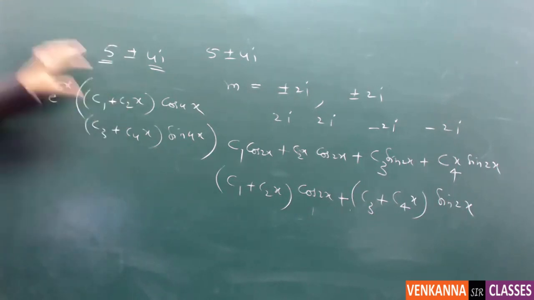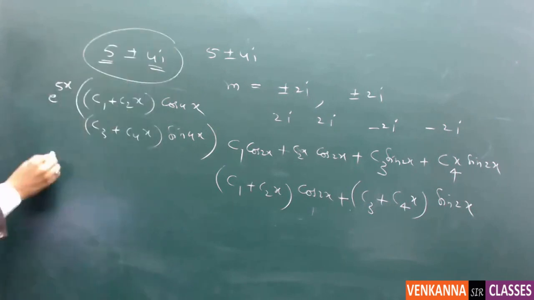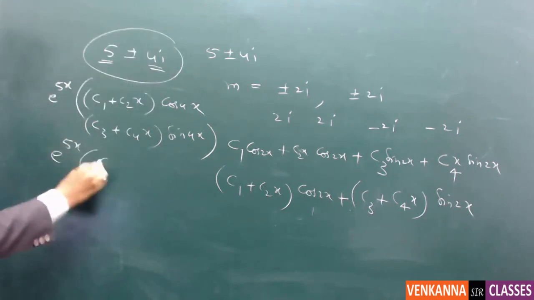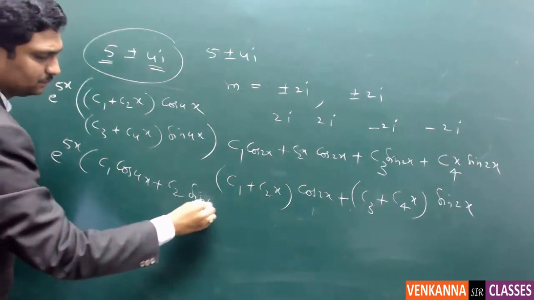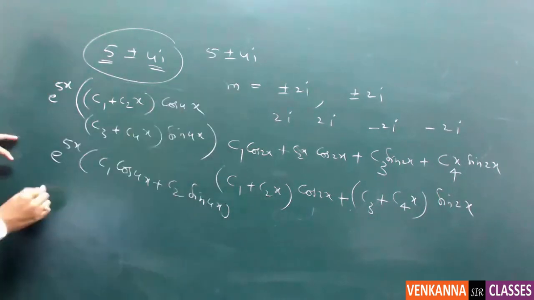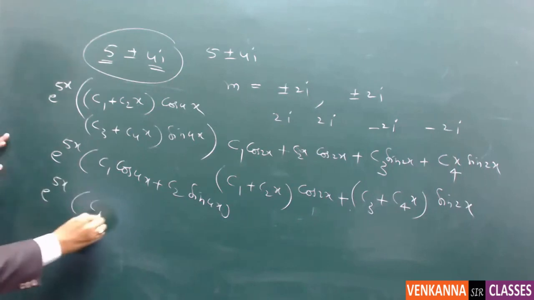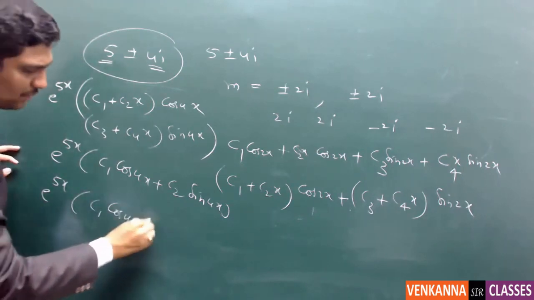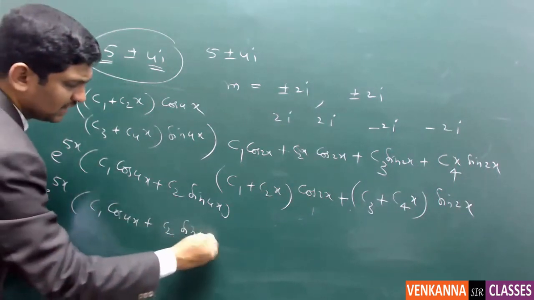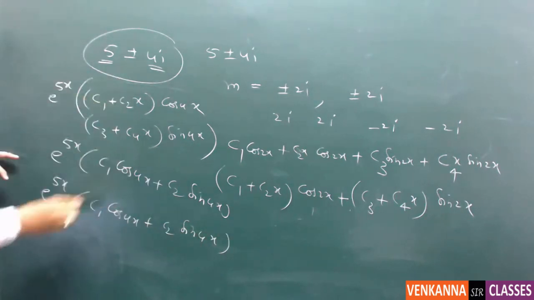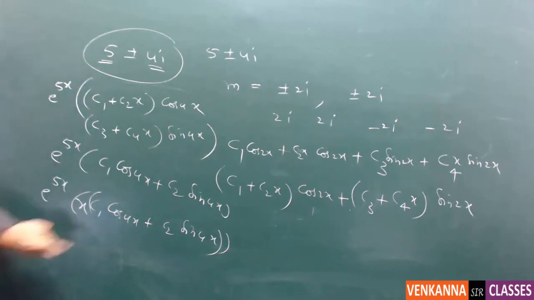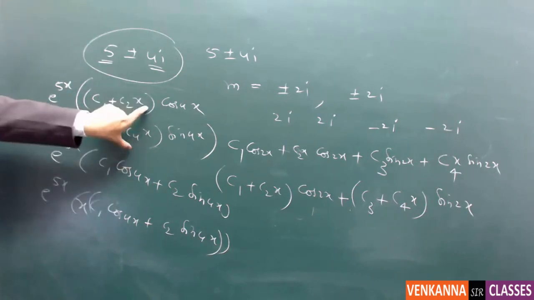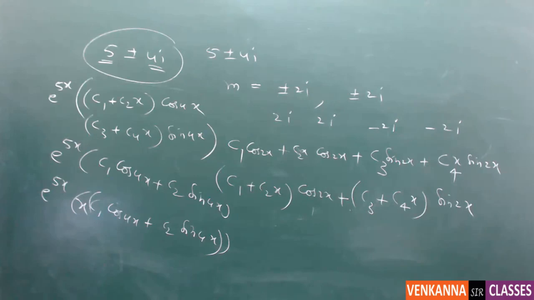If you want to elaborate this, we have e power 5x into C1 cos 4x plus C2 sin 4x. This is all the same root, so e power 5x into C1 cos 4x plus C2 sin 4x. Since it is repeated, you are putting x here, isn't it? That's why this part will come in a single expression like this. Accepted.